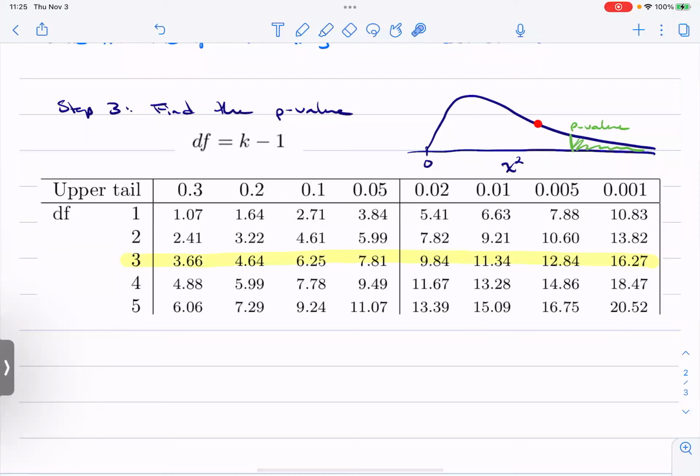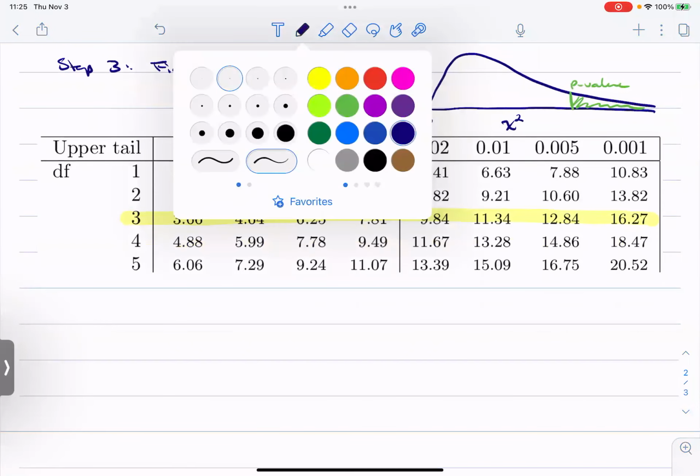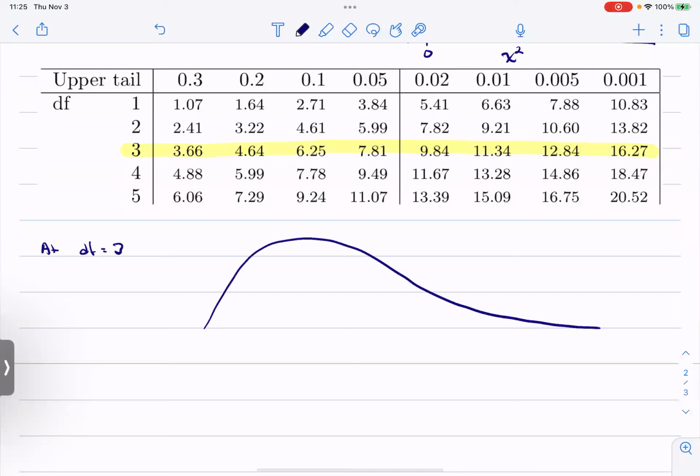It's telling you that the area in the tail at 3.66 is 0.3. Then it moves out to 4.64, the area is 0.2, right? And so it's just giving you some cutoff points. So what this looks like at degrees of freedom equal to 3, the chi-squared would look something like this.